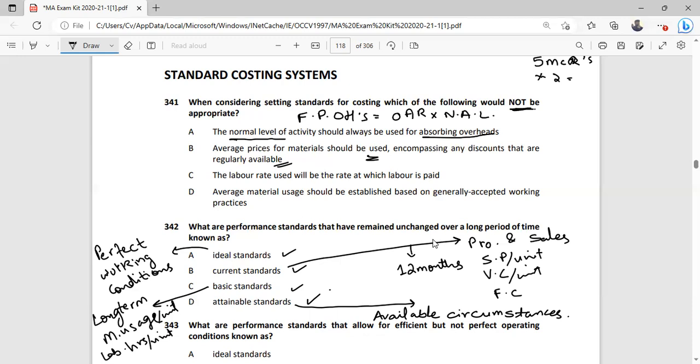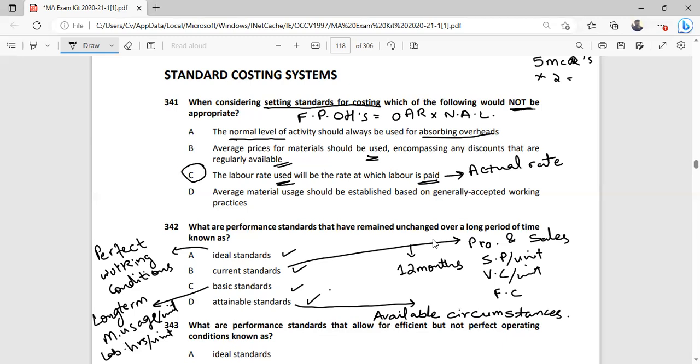The labor rate used will be the rate at which labor is paid. When we are setting standards, we will not use the rate which is paid. Paid means actual rate. Our standard rate will be somewhat different than the actual rate. So C is not appropriate.